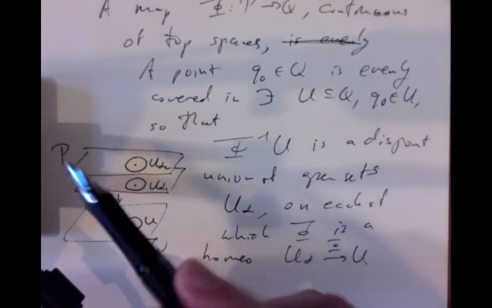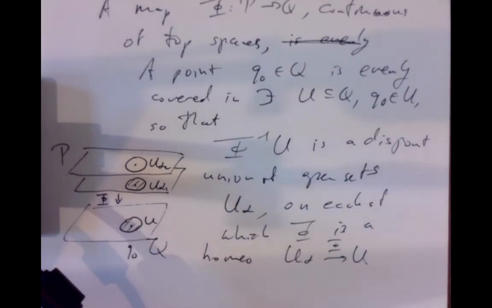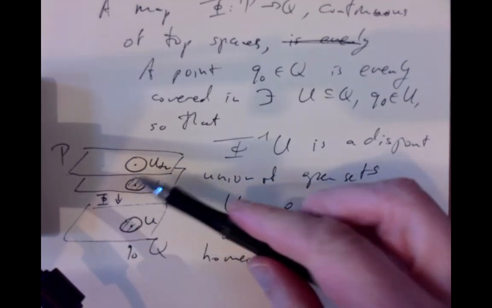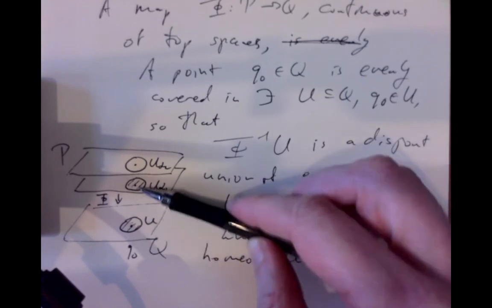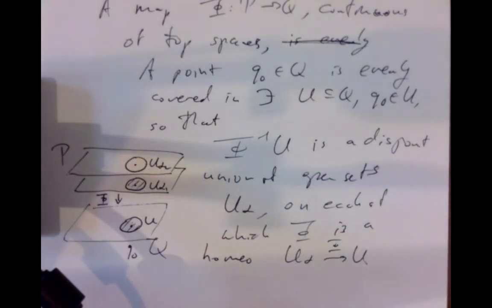So if you're inside this U alpha 1, you look down at U and you see there's a perfect matching up. Phi is exactly matching up those open sets, and the same from inside U alpha 2 and so on. These are called sheets.